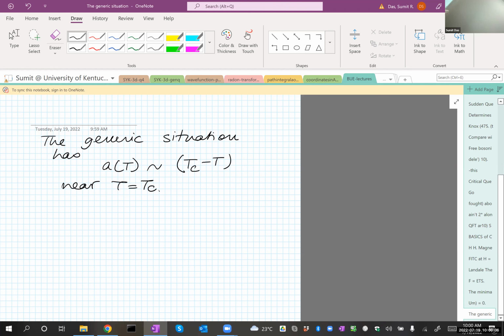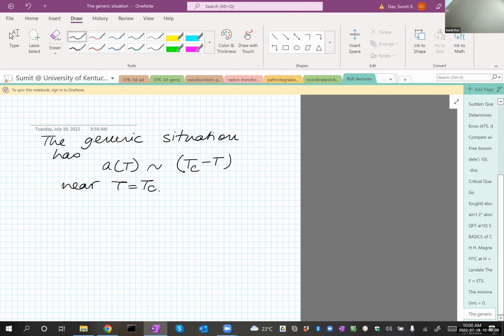The reason why I said that generically it goes linearly in the difference between t and tc is because if you choose randomly from the space of all functions a function which vanishes at t equal to tc, what would you do?